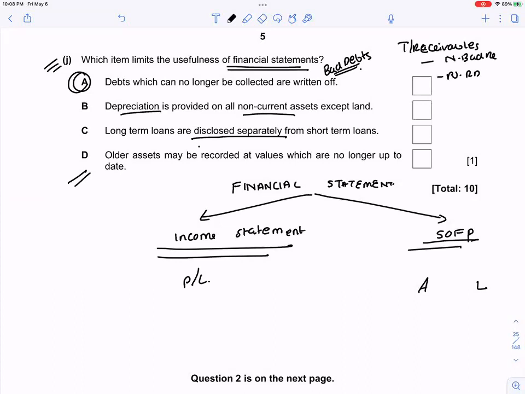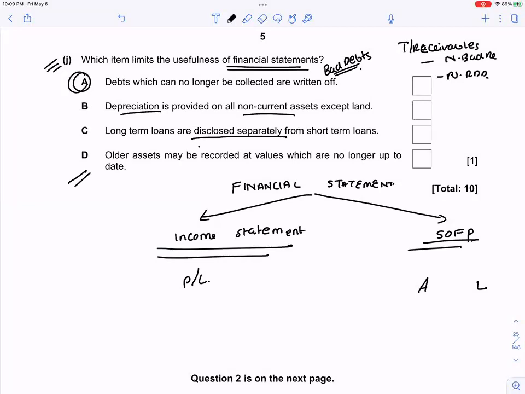Why do we minus this from the trade receivables? Because if we keep on showing that amount of bad debts in our trade receivables, it is not going to make any sense because we are not going to receive that money, right?